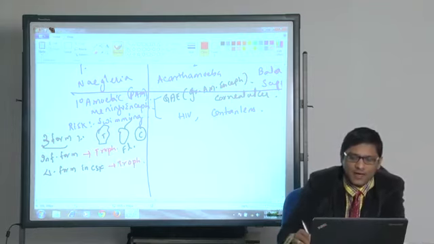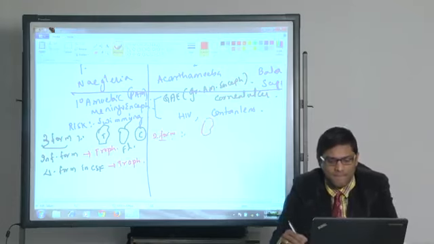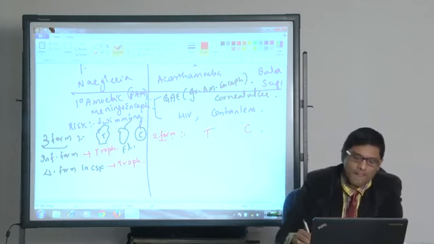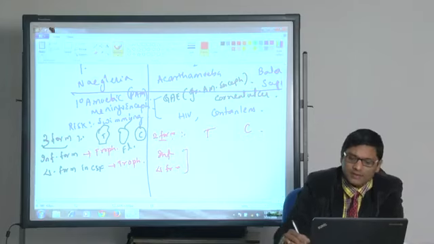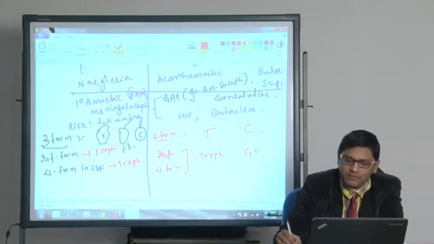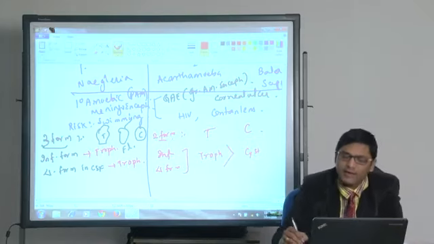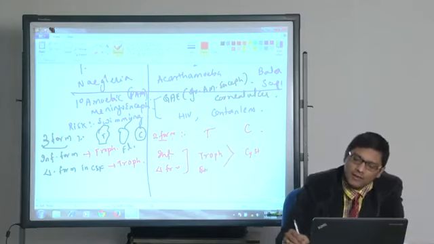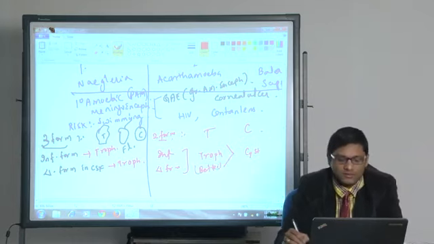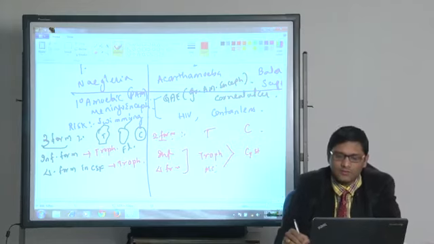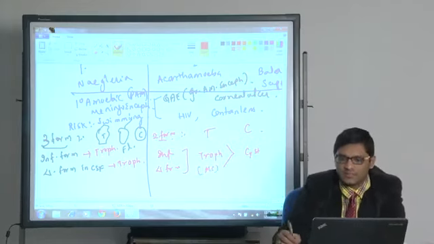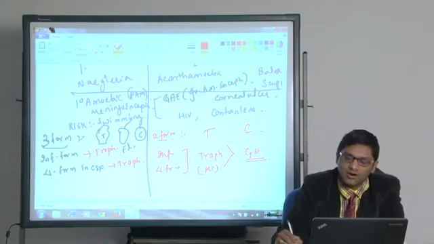Whereas Acanthamoeba exists in two morphological forms, a trophozoite and a cyst, and both can be the infective form and the diagnostic form, but of course trophozoite is a better answer than cyst. Trophozoite is more common, but cysts can also be seen, and cysts are usually seen in corneal ulcer.